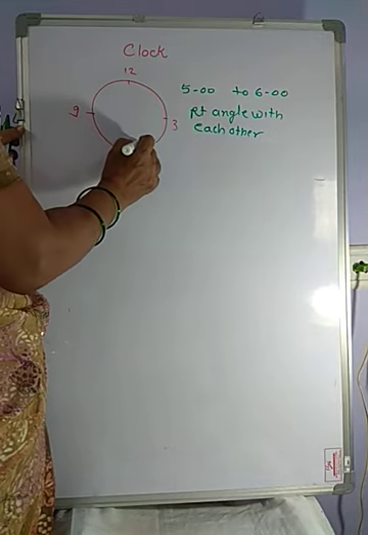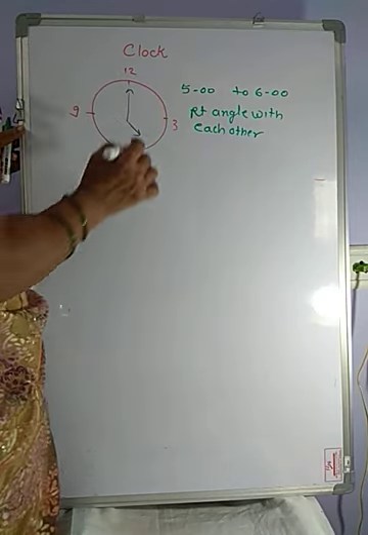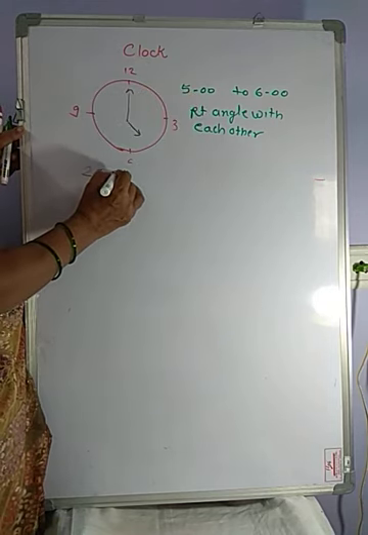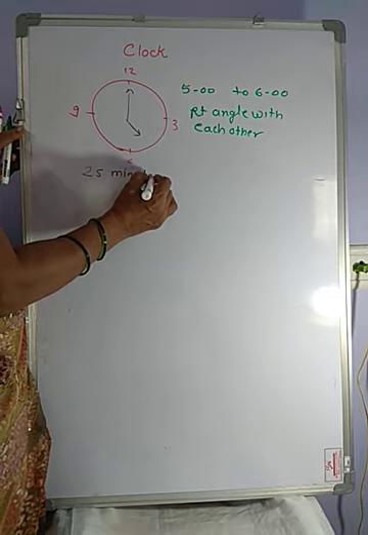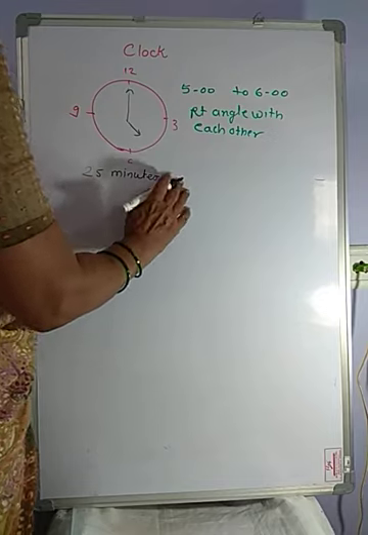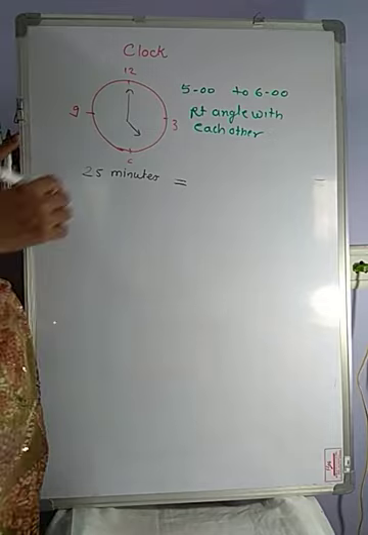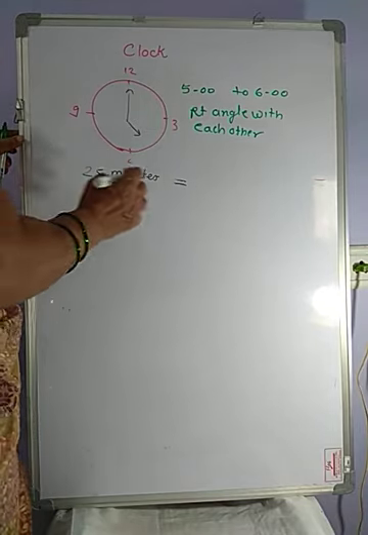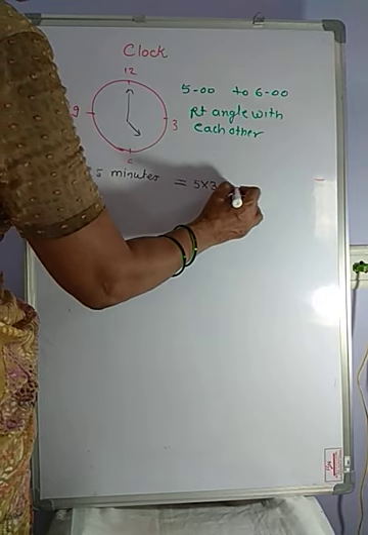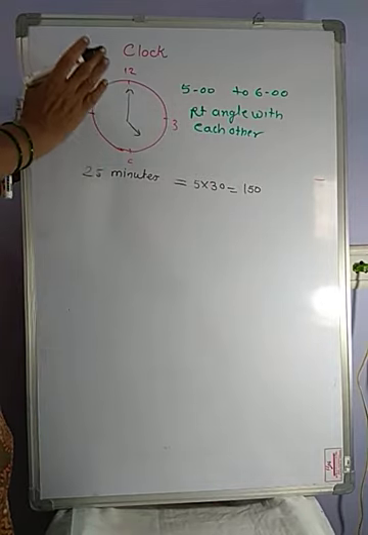We know that at 5 o'clock it will be like this. Here this angle is 5 into 30, that is equal to 150, from which we have to subtract 60 degree.